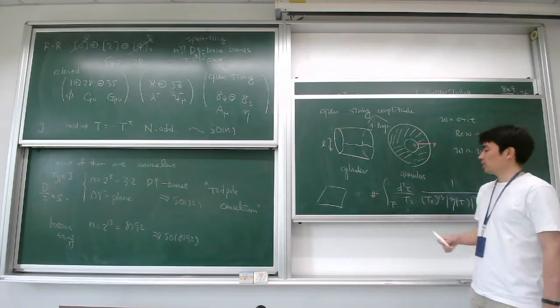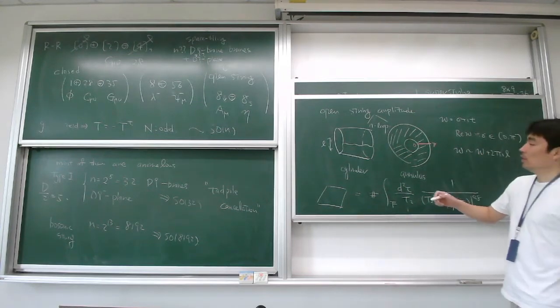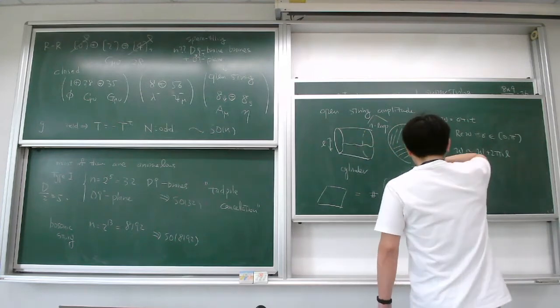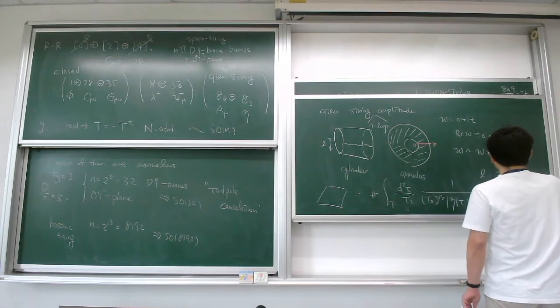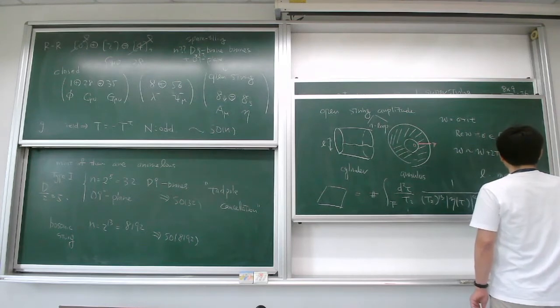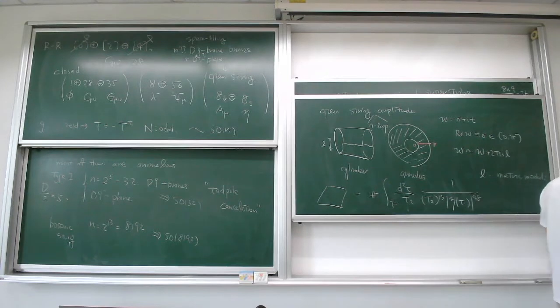So this is a case where the modulus is indeed L. L is the size, the metric modulus. And then you have to find the conformal Killing vector.